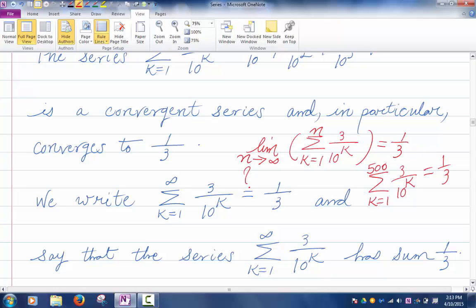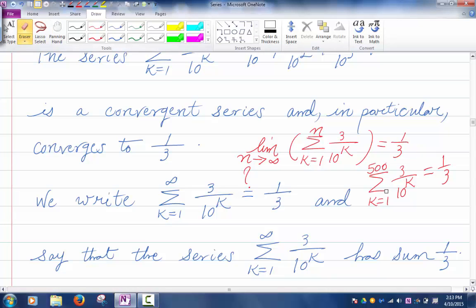So that equality, you have to understand what you're saying. What you're saying is that the limit as n goes to infinity is 1/3. Okay, so as long as we understand that's what we mean, then we can put that equality sign there and say that 1/3 is the sum of that series.